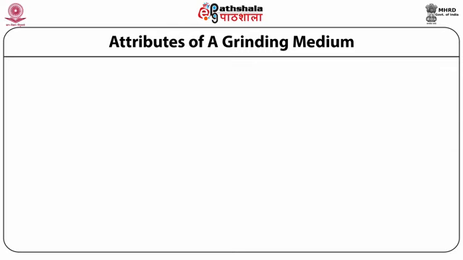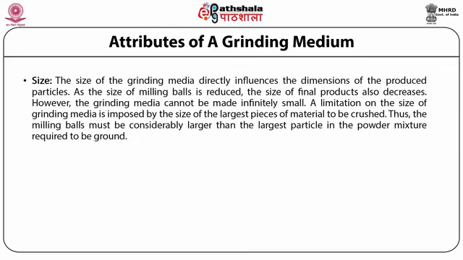The first one is the size. The size of the grinding media directly influences the dimensions of the produced particles. As the size of milling balls is reduced, the size of final products also decreases. However, the grinding media cannot be made infinitely small.